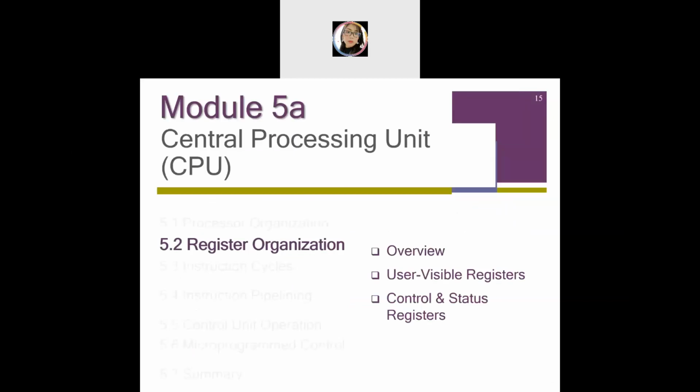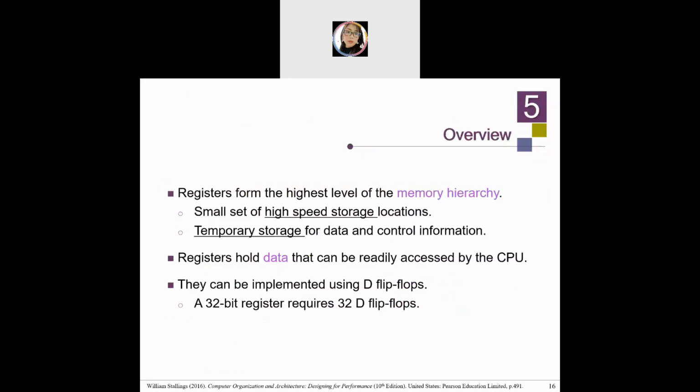So today we're going to look into the next subtopic, which is register organization. Still remember, the use of a register is like a temporary memory when you want to store something temporarily. It is the highest level of the memory hierarchy. Let's say you have a hierarchy, so register will be on top of the hierarchy.